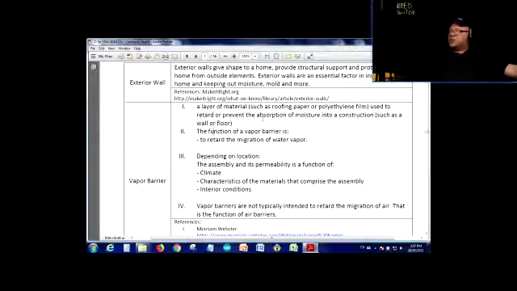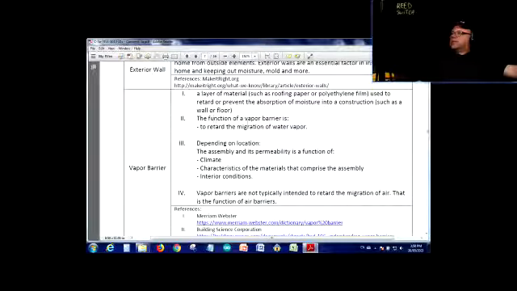And if it's trapped, it's going to start growing things. So some breathability from the inside of the wall out is actually recommended. How it's done, there's a whole science. I'm not going to get into it, but the walls need to breathe a certain way.